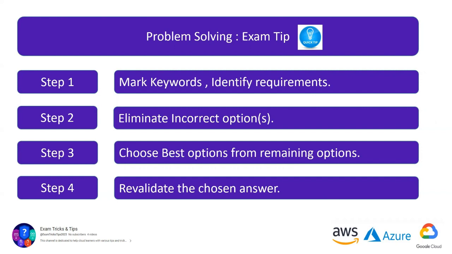Then, looking at those requirements, eliminate the incorrect options, so you're down to two or three possible options, and then choose the best one that matches the requirement. The last step is also quite important. Without worrying about elimination now, look at your answer and see how it tallies to the requirement, and whether it still sounds like the best answer. So that's a quick recap of the exam overview, preparation guidelines, and problem solving tips. Let's jump into the questions.